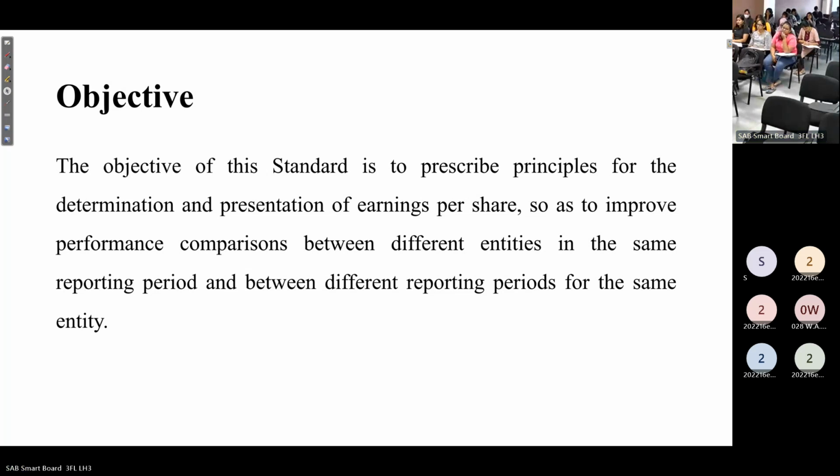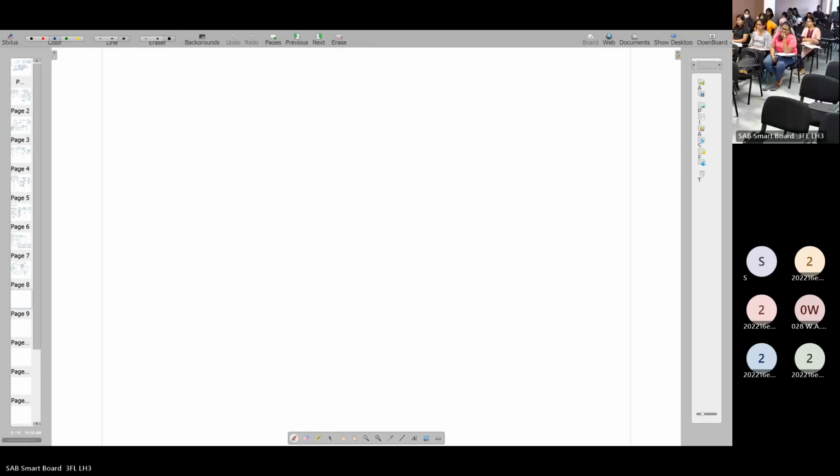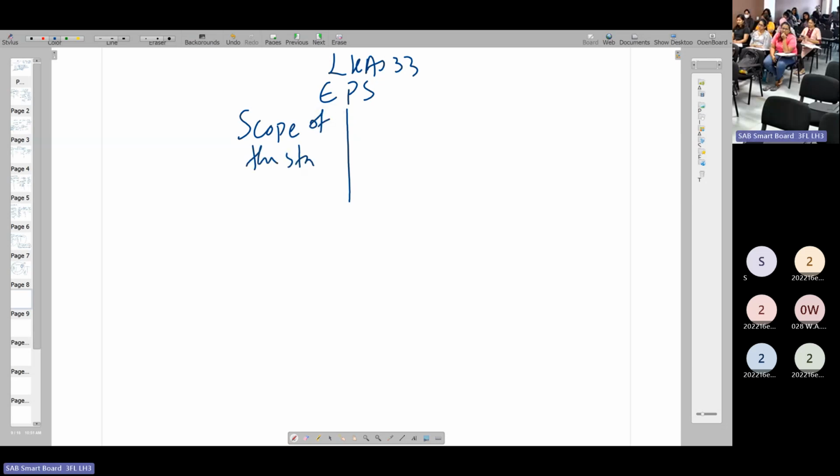LKAS 33, EPS. You can use blue color, not red, blue color, for the scope of the standard. You can remember that for earlier standards I asked you to take a red color pen to write the scope. But here I asked you to take blue color. Why?